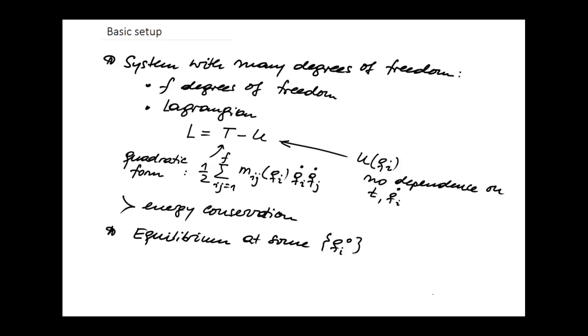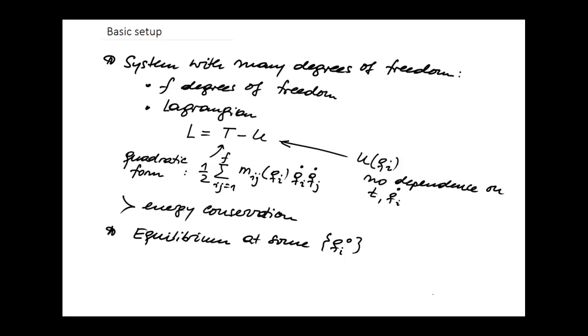When the system is in this equilibrium, then the momenta vanish, and so this configuration is constant in time. And we are interested in the dynamics of the system close to this equilibrium configuration.